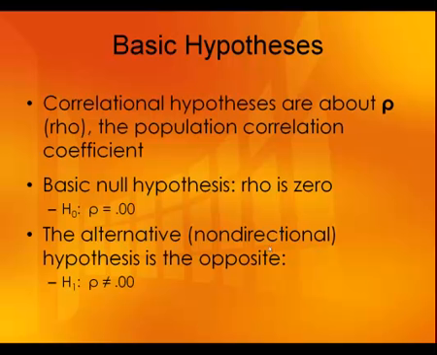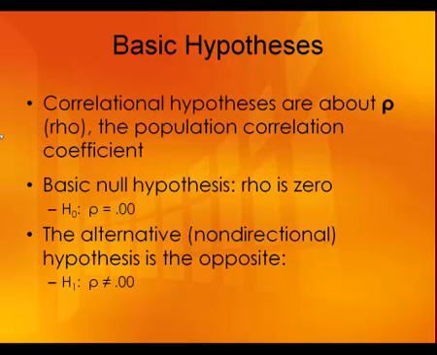When we talk about the population correlation coefficient, it's represented by that P, which is pronounced rho, like R-O-W. It is a Greek symbol for the population coefficient. The basic null hypothesis is that rho is 0.